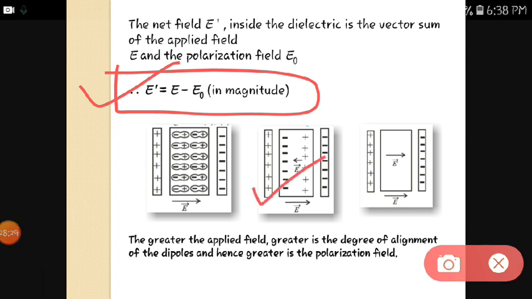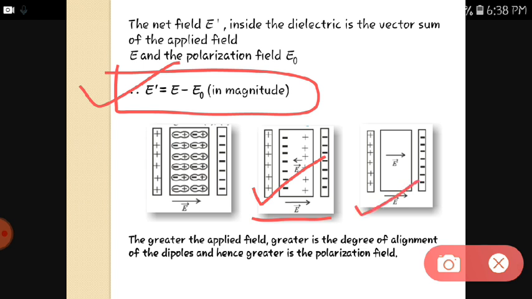So here is the second diagram which shows that the induced surface charge on the dielectric establishes a polarization field E0 in the interior. Negative gets attracted towards positive and positive moves towards negative, and they are polarized.